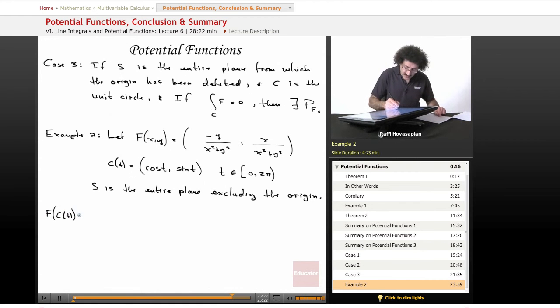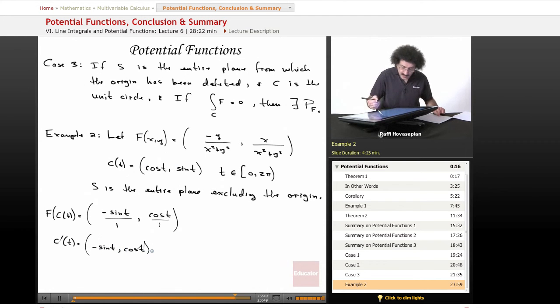of c of t is equal to minus sine t over 1, right? Because if I put cosine t for x, sine t for y, cosine squared plus sine squared is 1, standard trigonometric identity. And this is going to be cosine t over 1. Now c prime of t, that equals minus sine t and cosine t.